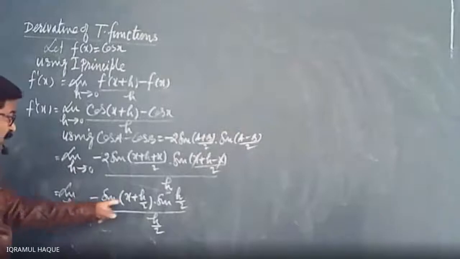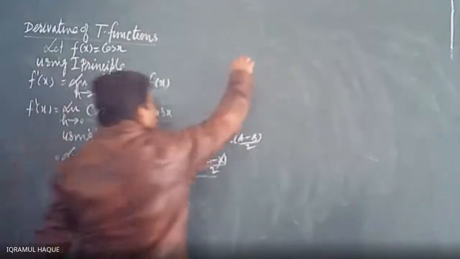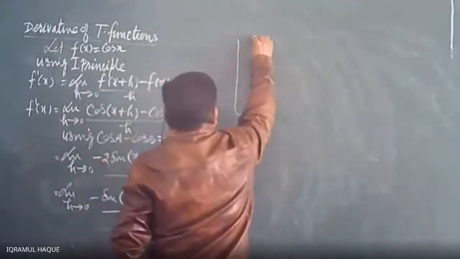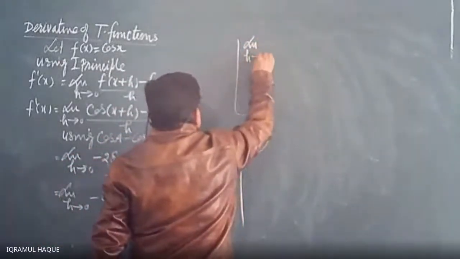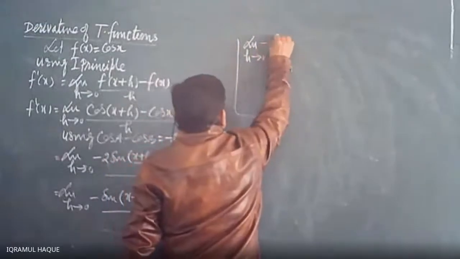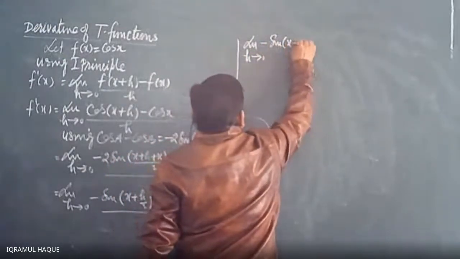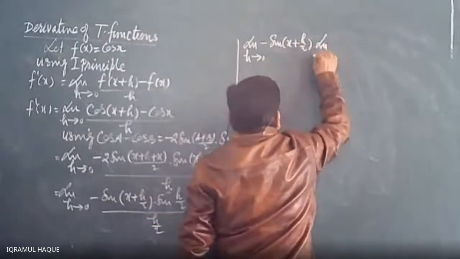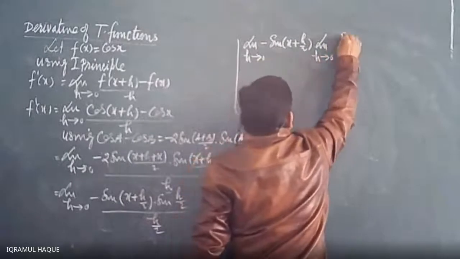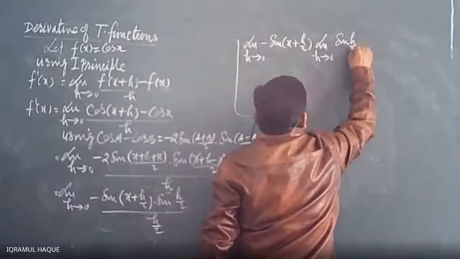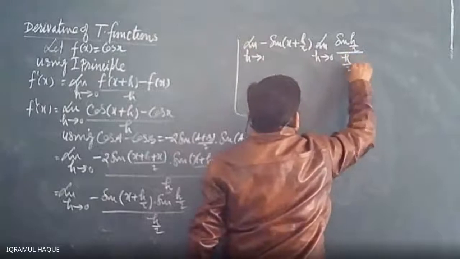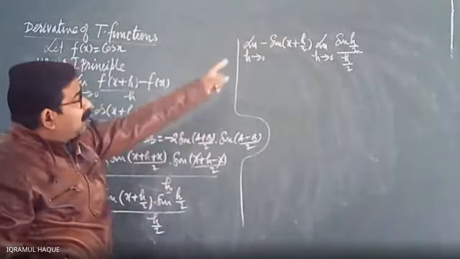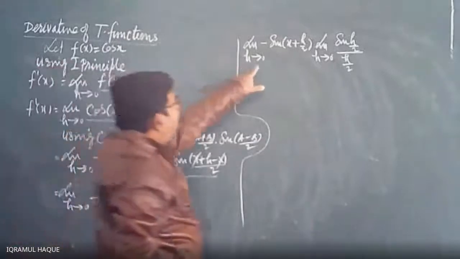Again, these two will be separated. So we write limit h tends to 0, minus sin(x + h/2). Again, limit h tends to 0, sin(h/2) upon h/2. Again, sin x by x is equal to 1. So that becomes 1. Here apply the limit.